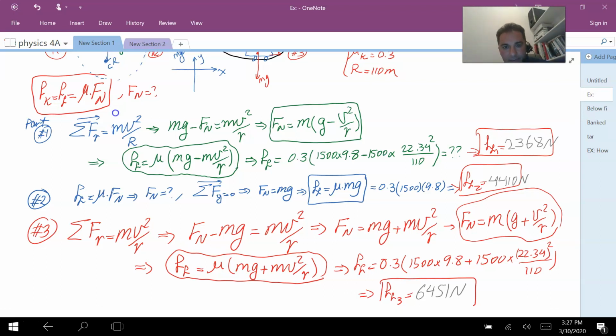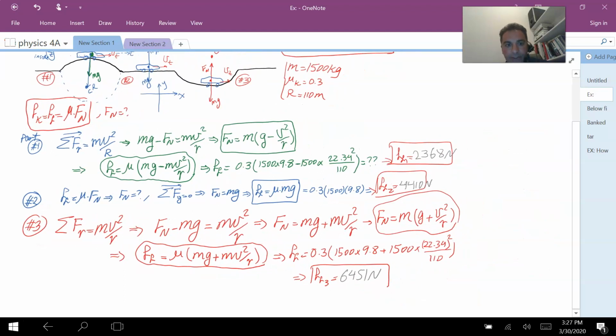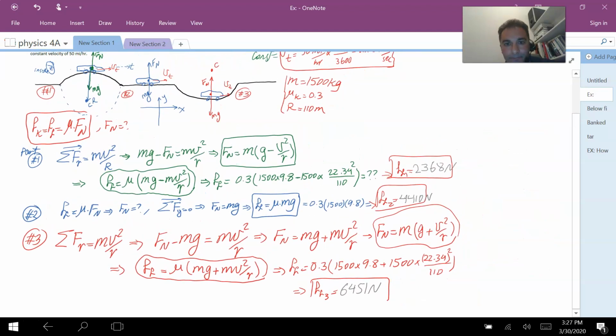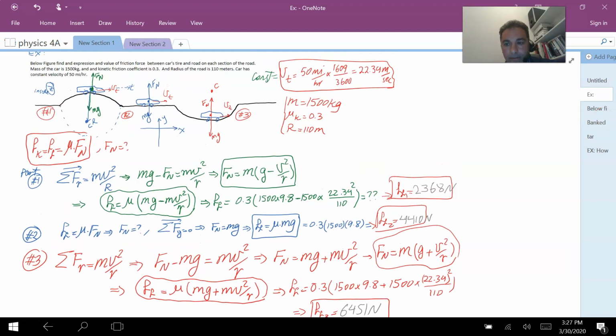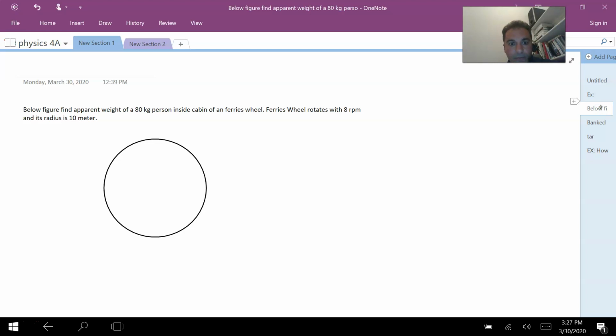then check the answers, please. So work on this problem, and this is very similar to this problem. Question says, below figure, find apparent weight of an 80 kilogram person inside a cabin of a Ferris wheel. Ferris wheel rotates with 8 RPM and its radius is actually 10 meters.